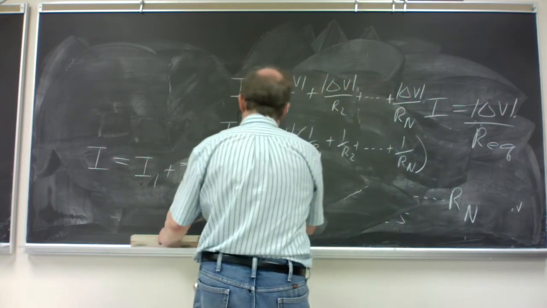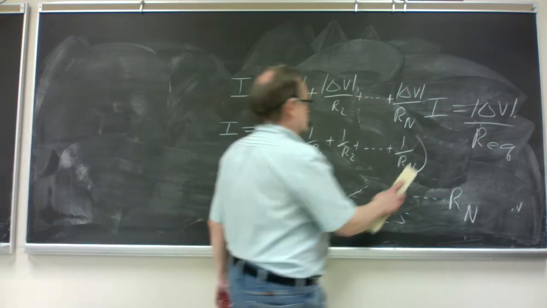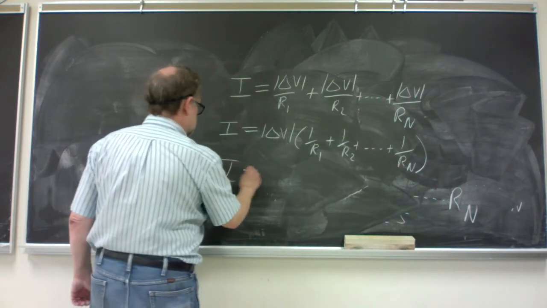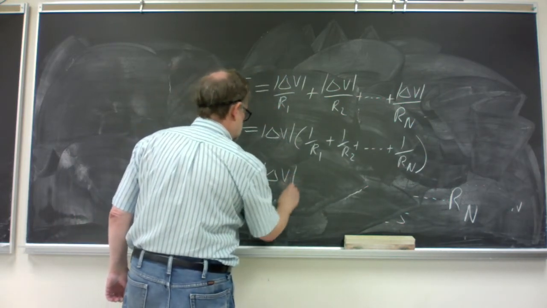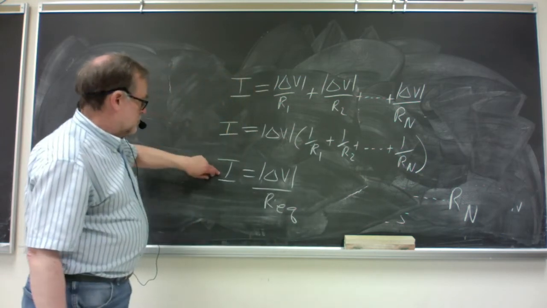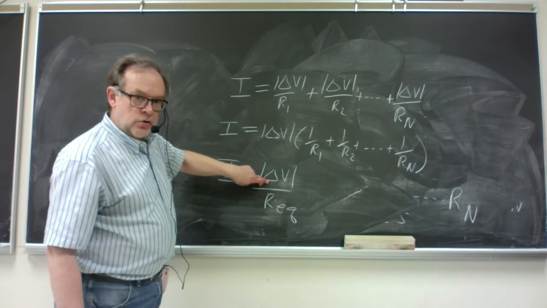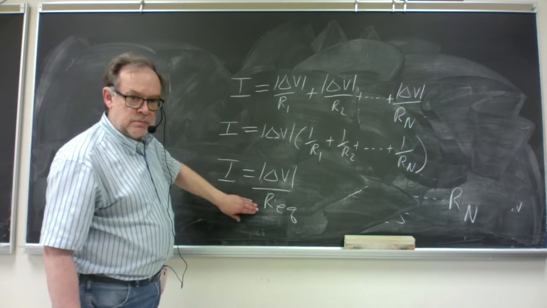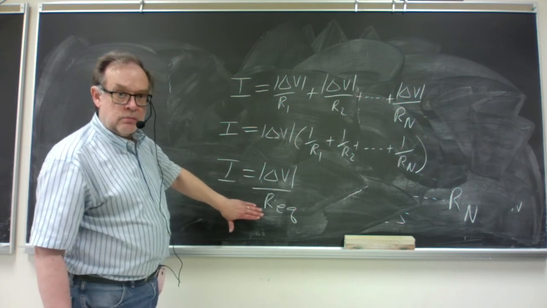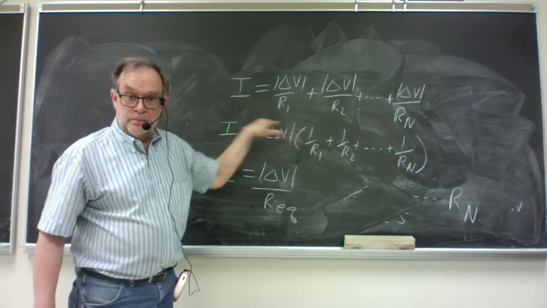So comparing the two, currents are the same, delta V is the same, so the one remaining factor is 1 over R equivalent. And this factor, 1 over R equivalent, has to be the same as the one remaining factor in this equation.